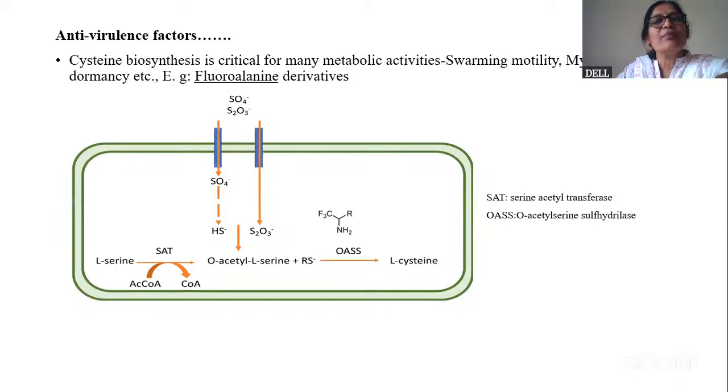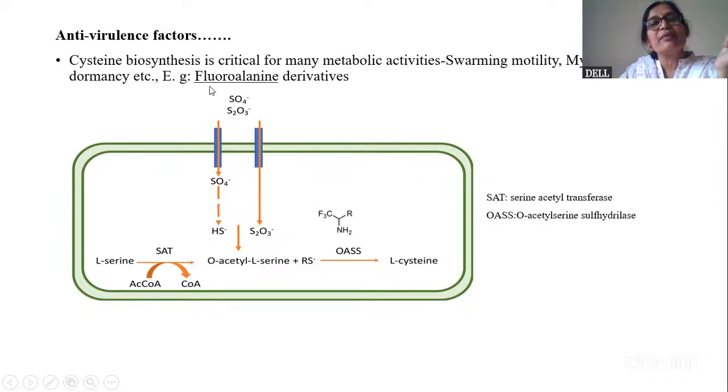So here is one more example of a biosynthetic pathway, the pathway for the synthesis of cysteine. Usually cysteine is required for many metabolic activities in bacteria, like swarming motility or mycobacterial dormancy. So we want to block the formation of cysteine. We can target either serine acetyltransferase or O-acetylserine sulfhydrylase.